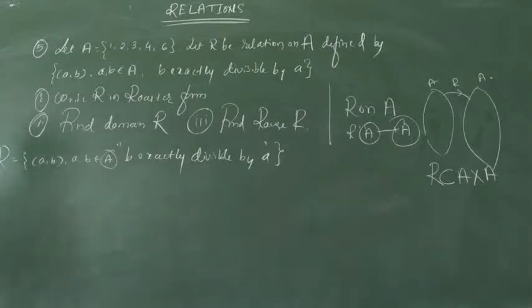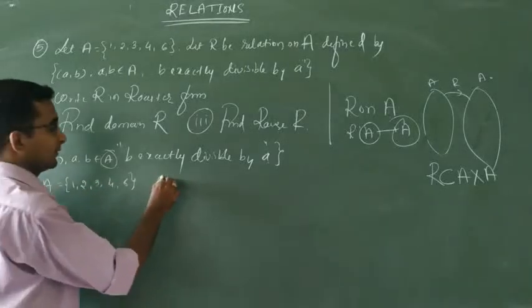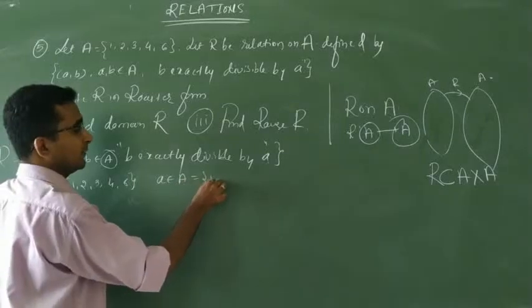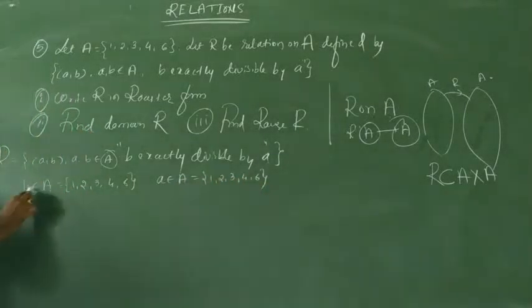Now the elements of b, which also belong to set A, are 1, 2, 3, 4, 6. And a is also the same elements, 1, 2, 3, 4, 6. b is exactly divisible by a.